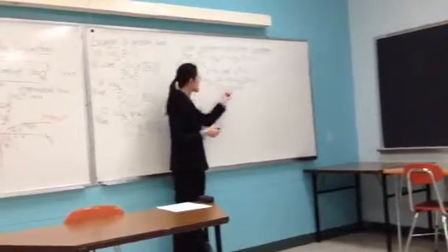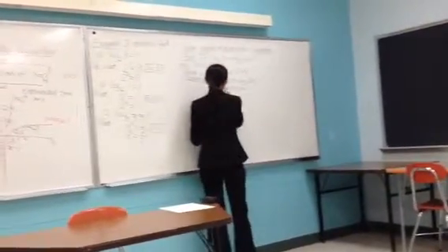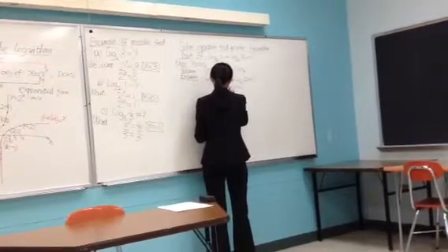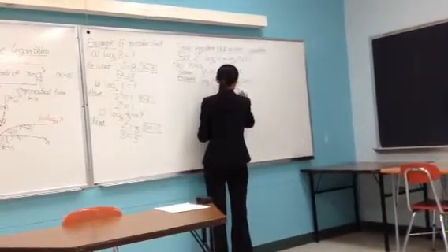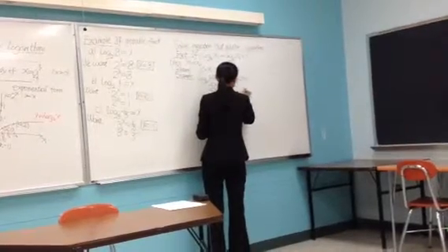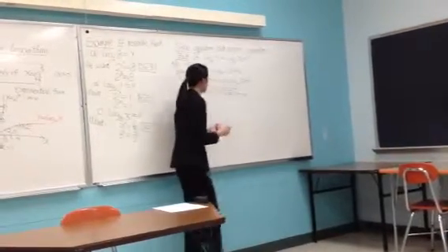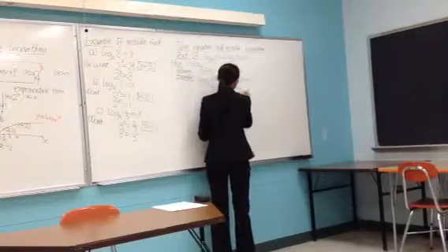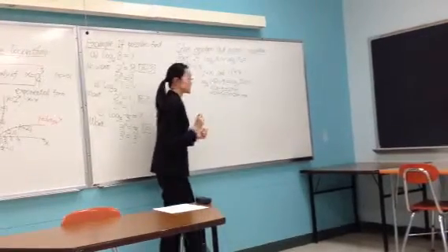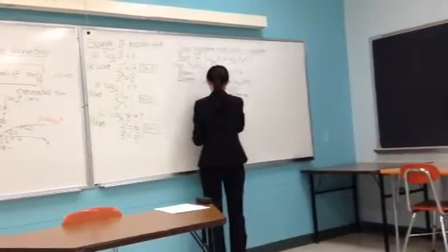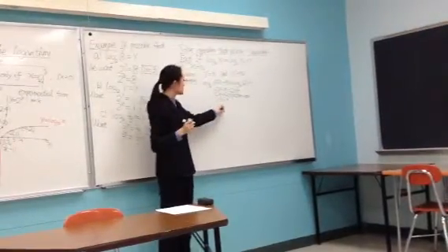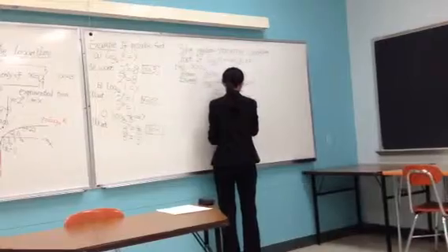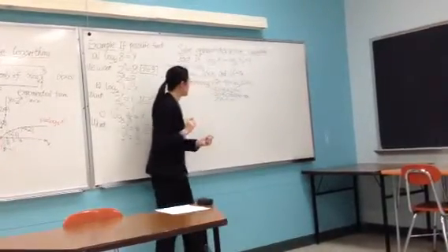Let's subtract 2x on both sides. Now 2x minus 2x cancel. Left hand side equals 2x minus 5. Right hand side is 1.